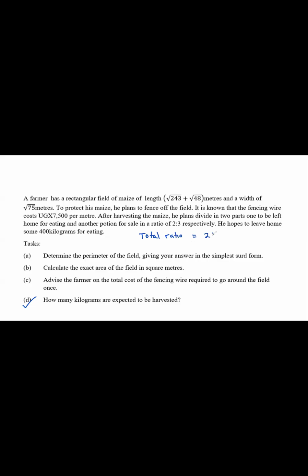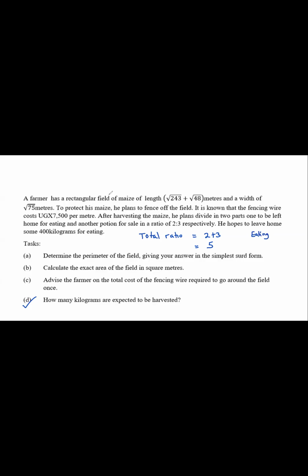So you shall have 2 plus 3. And what do you get? 5. We get 5. Okay, good. But the question says the ratio 2 is for eating, and also 400 kilograms are for eating.